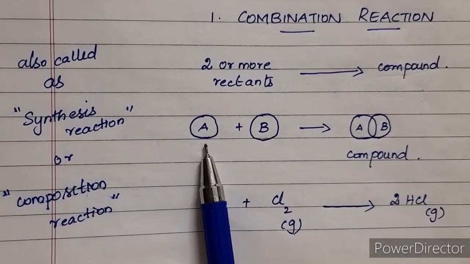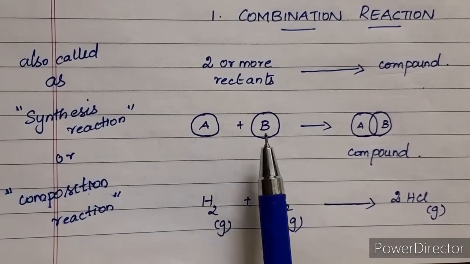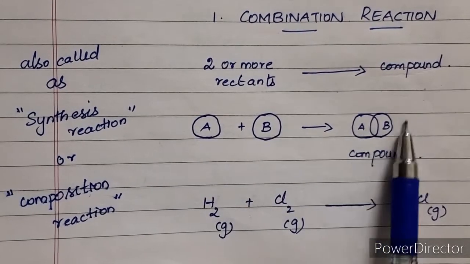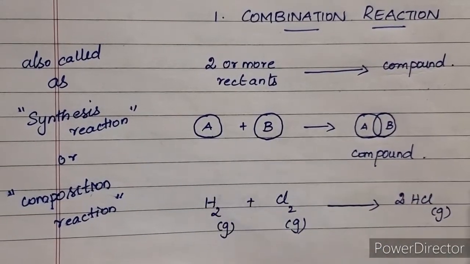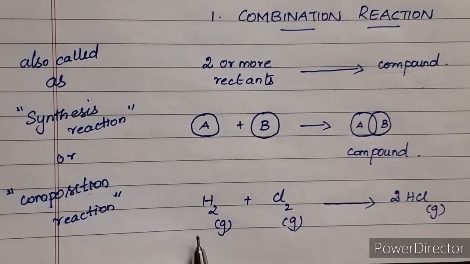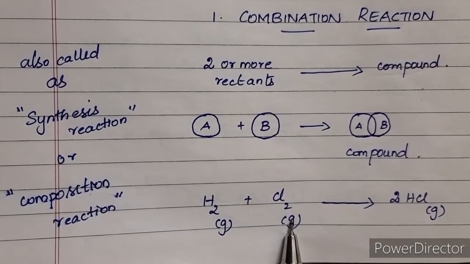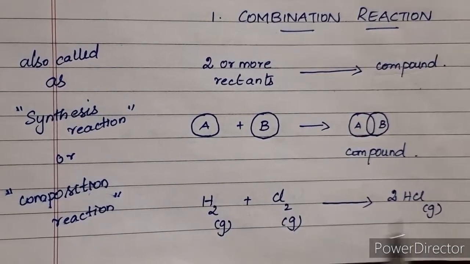Now look into the example, children. The general example: A is an element and B is an element. This combines together to form the compound. So two or more elements combine together to form the compound. Now here you can see the example. For example, hydrogen molecule combines with the chlorine molecule to give hydrochloric acid, that is HCl.